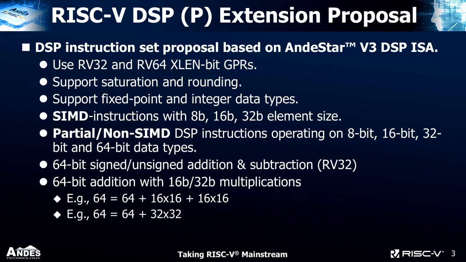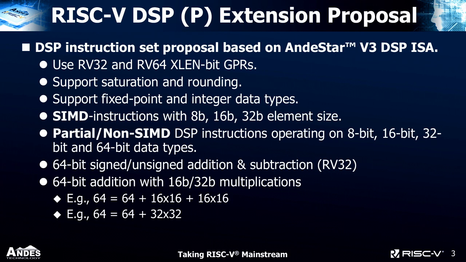The proposal is based on the ND-Star V3 DSP ISA we developed before switching to the RISC-V instruction set. We want to use general purpose registers for the SIMD instructions. It supports saturation and rounding, and it supports fixed point and integer data types. For SIMD instructions, it supports 8-bit, 16-bit, and 32-bit element sizes.